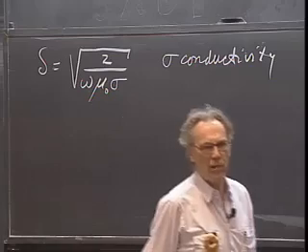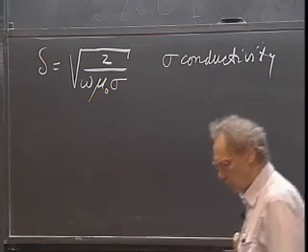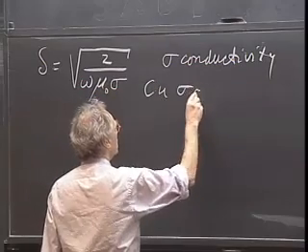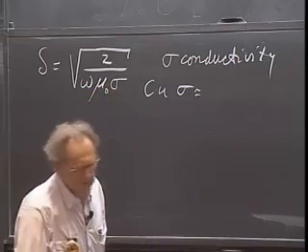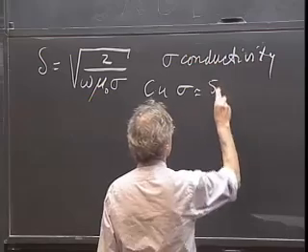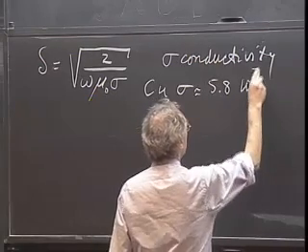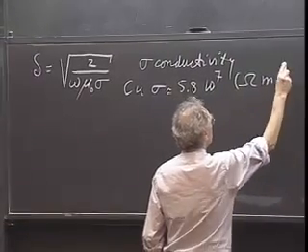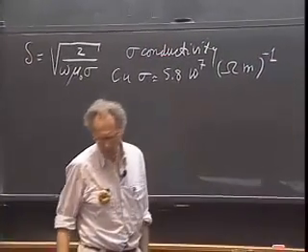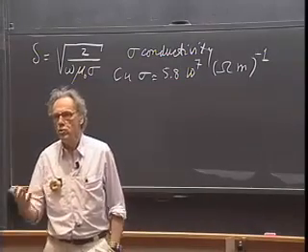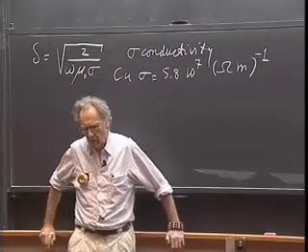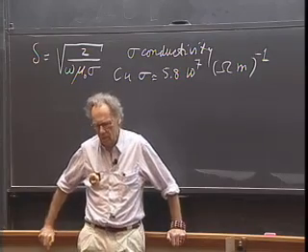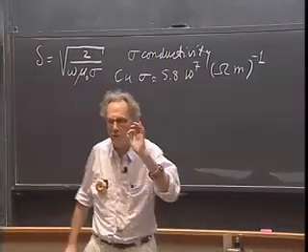But even if you take something like copper, which is an extremely good conductor, then sigma, of course, is not infinitely high, but sigma is something like 5.8 times 10 to the 7th, and the units of conductivity are ohm meters to the power minus 1 in SI units. So if you use this sigma and you take 1000 megahertz radiation, which has a wavelength of 30 centimeters, then the skin depth is only 2 microns.